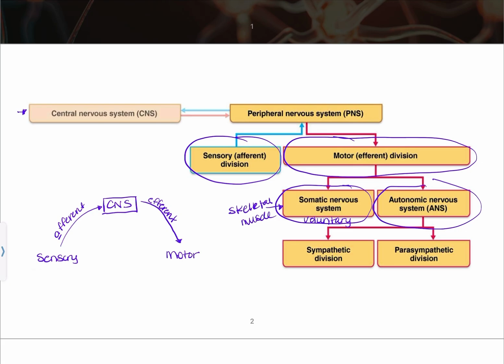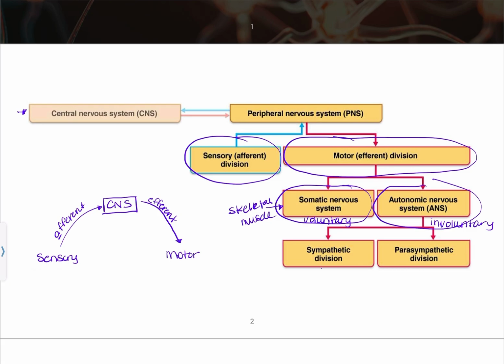Everything else, like say our bladder, our heart, our lungs, we do not have control over. We do not send a signal specifically to these organs to tell them to contract. So this division, the autonomic nervous system, is autonomic, meaning that we don't have control over it. So it's the involuntary division.